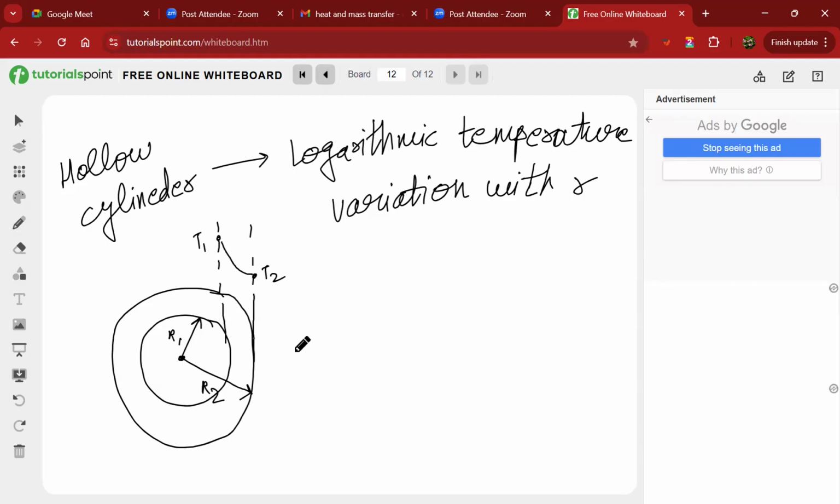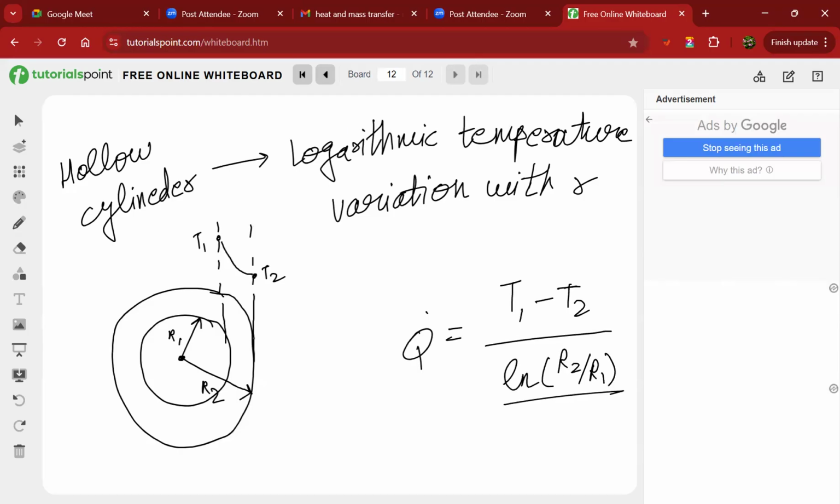And how do you exactly represent it? The conduction heat transfer through the hollow cylinder is represented by Q is equal to (T1 minus T2), suppose T1 is higher than T2, divided by ln(R2 by R1) upon 2 pi K L. I know this formula comes out from a derivation, but in GATE the derivation is not important. If you know the formula directly, the answer will come in 2 minutes.